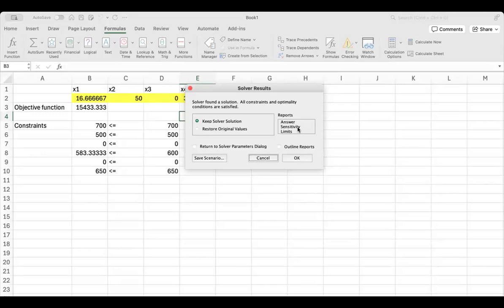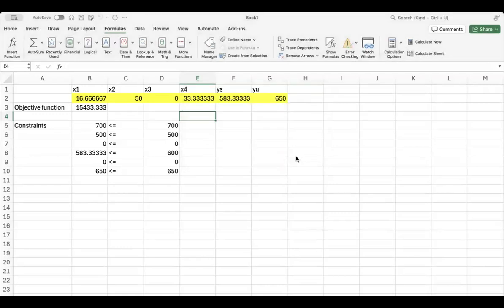So to see the report, you have to select these available reports, and then click OK. Later we will discuss the report.